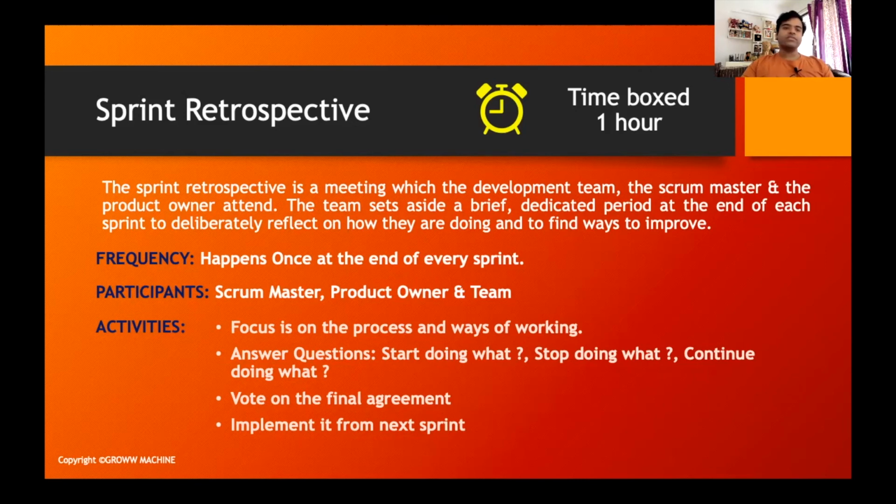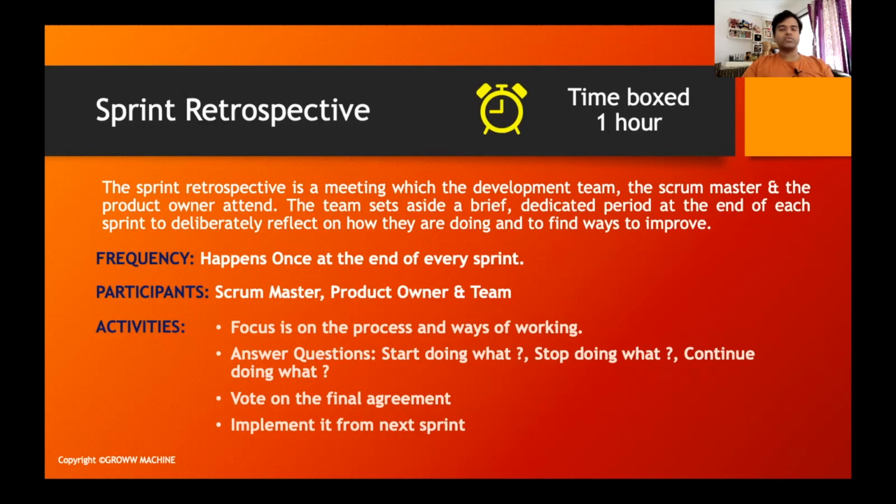Now, the sessions or ceremonies I discussed are as per the Agile Manifesto. But what we have observed, and currently experience, is that in practice there are a lot of immediate or ad hoc requirements that come in, and many times we have to handle them.